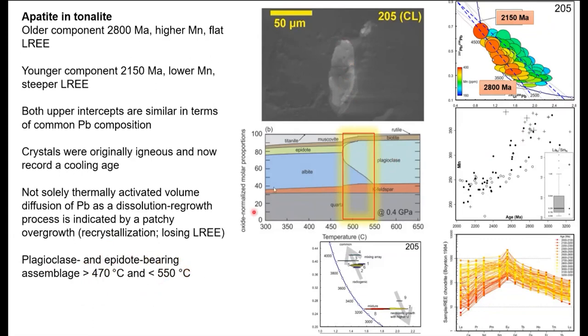That occurred probably at around 500 degrees C, and that's also taken to be the typical lead blocking temperature of apatite. So, in summary, we need to be very careful when using apatite that we don't simply use the age to infer a process of lead blocking, because it can also be related to recrystallization.